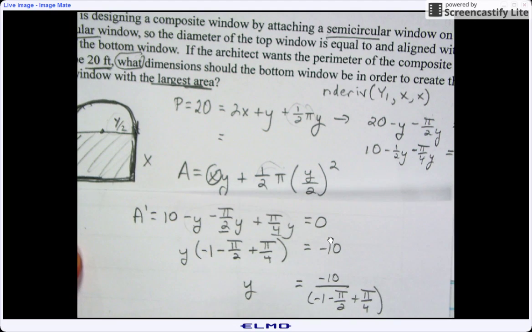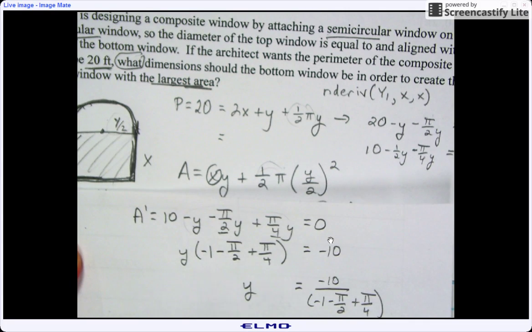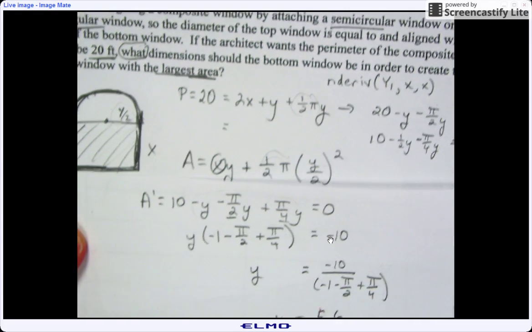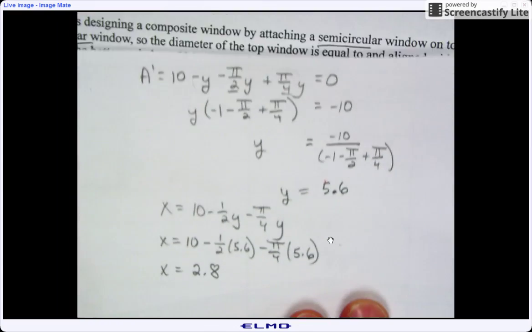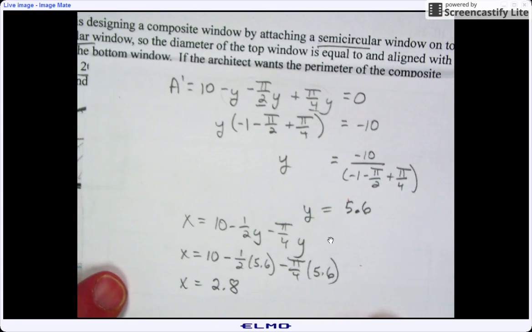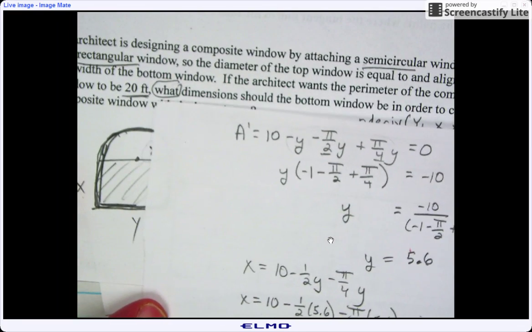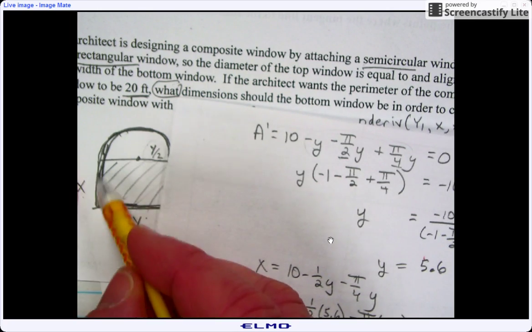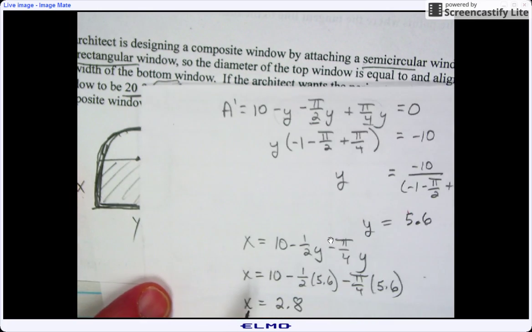And it ends up being 2.8. If you want to push the buttons yourself, you can. There's the calculation. So the dimensions, 2.8 for the short side and 5.6 for the long side.